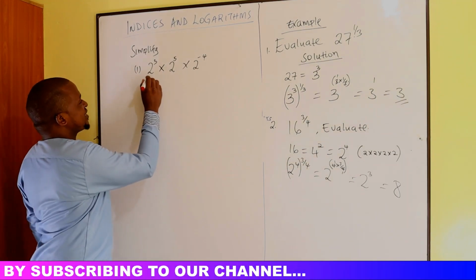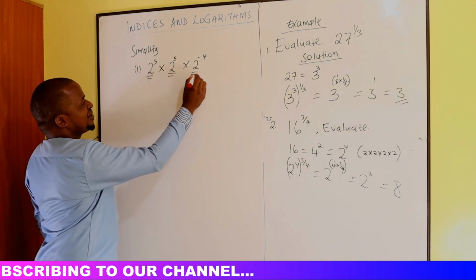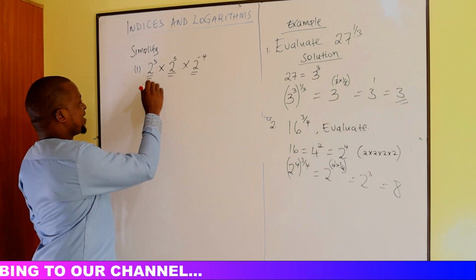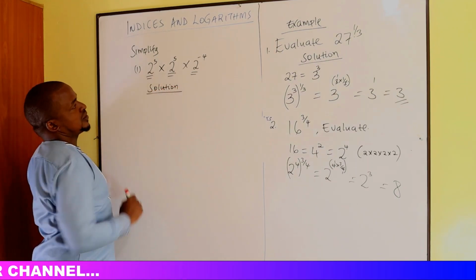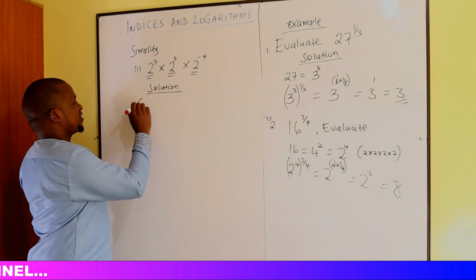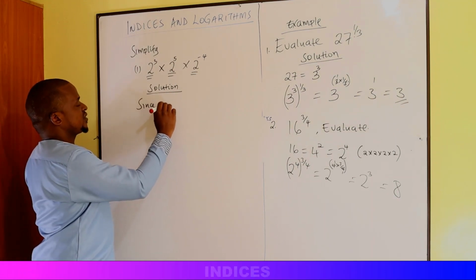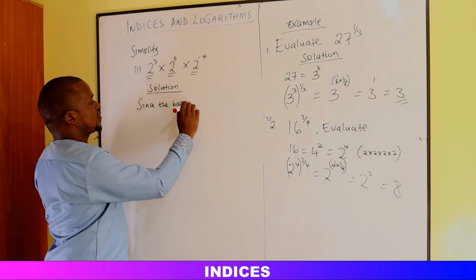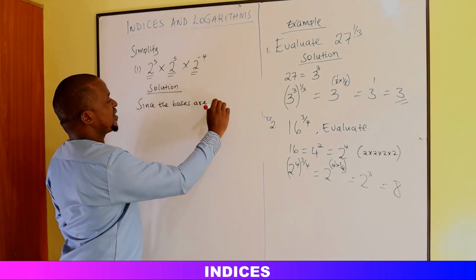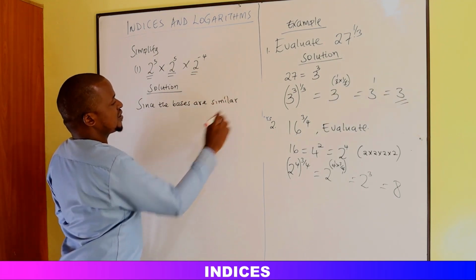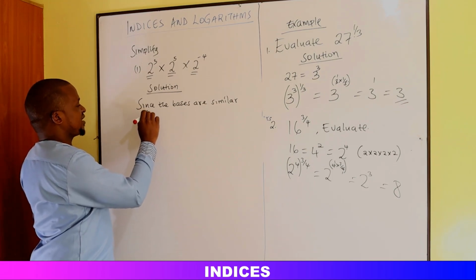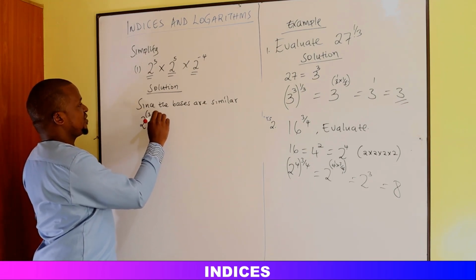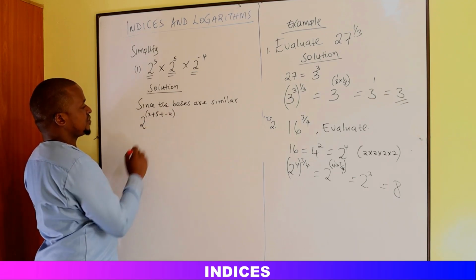Since the base is the same, we're going to have 2 to the power of 3 plus 5 plus negative 4.